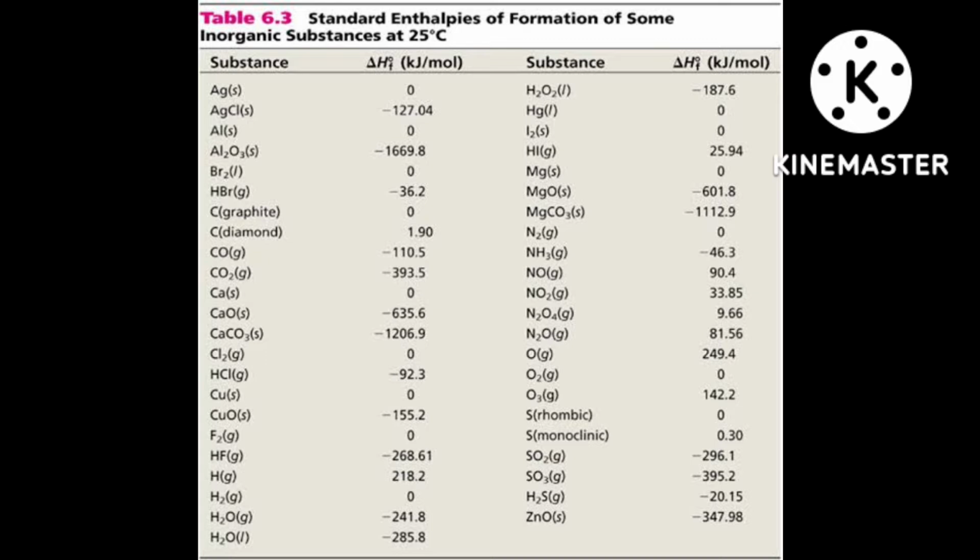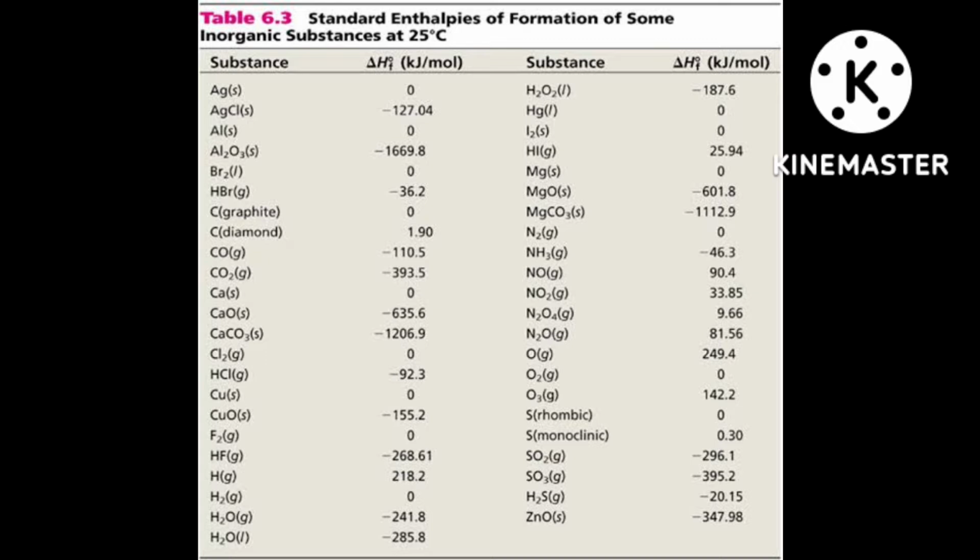First thing: you have seen the heat of formation, that delta H value will be either negative or positive. If negative, it means an exothermic reaction; if positive, it means an endothermic reaction.